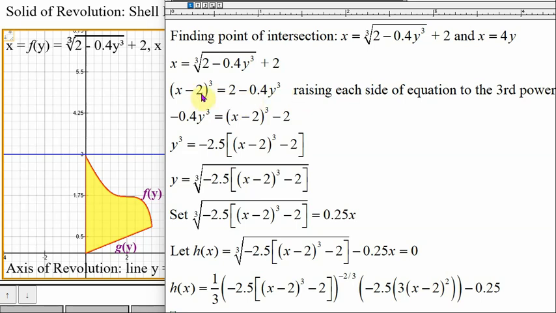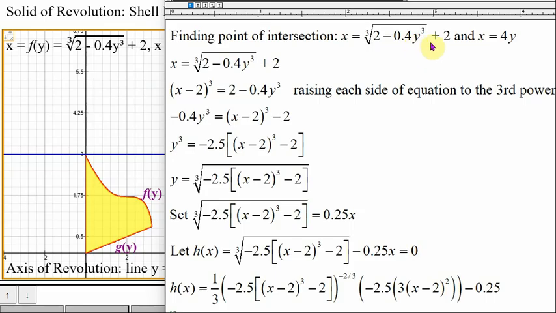And then move the 2 to the left side, and we end up with negative 0.4y to the third equal to x minus 2 to the third minus 2. And then multiplying both sides by negative 2.5, this is what we'll get. And then taking the third root of both sides, we end up with y is equal to this.